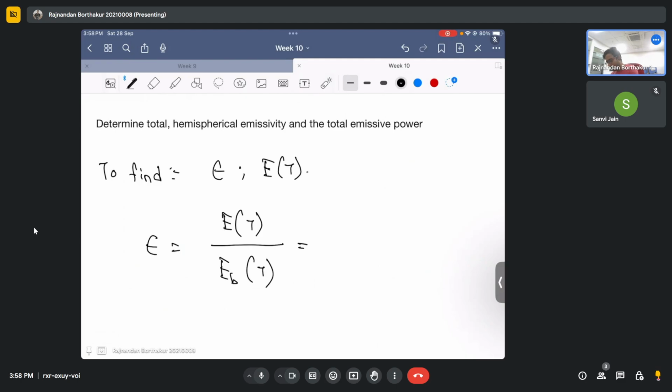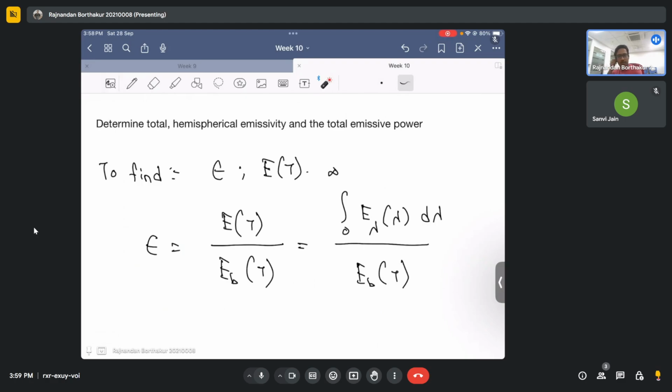Then I can write this E of T as an integral from 0 to infinity of the spectral emissivity of the real surface, E lambda, which is now a function of lambda, times d lambda, divided by E_b as a function of T. Please be very clear that this ratio is the ratio of the total hemispherical emissive power of the real surface to that of the black surface. I am writing the total hemispherical emissivity of the real surface in terms of the spectral emissivity of the real surface: if I integrate the spectral emissivity along the entire band of wavelength, it can be written as something like this.